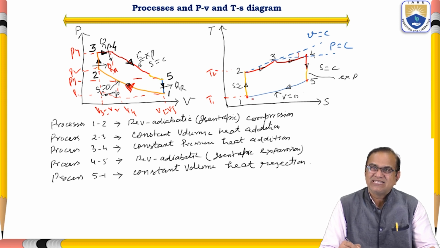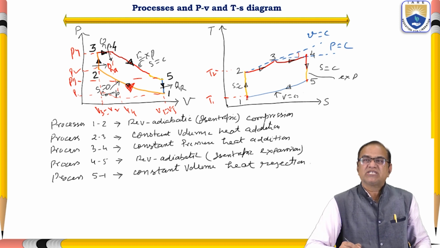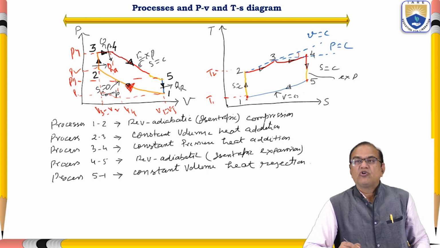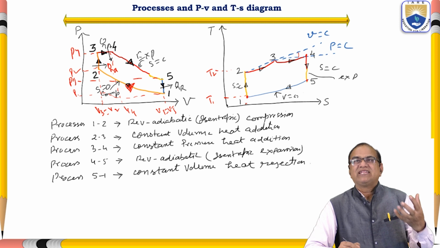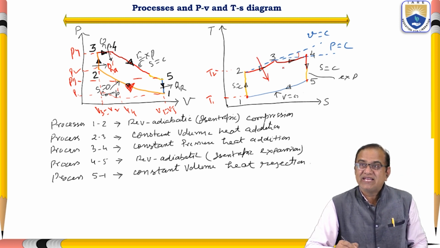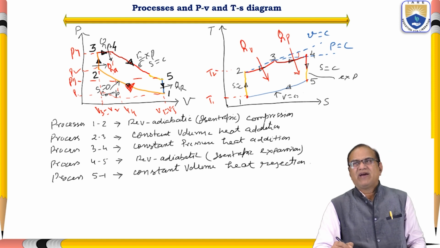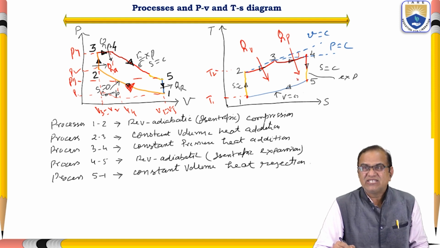You can see the blue line, the temperature is further falling and it is reaching its initial state. So your cycle is completed. That is why it is called the dual cycle, because here we are adding heat at constant volume and we are adding heat at constant pressure, and heat is rejected here.